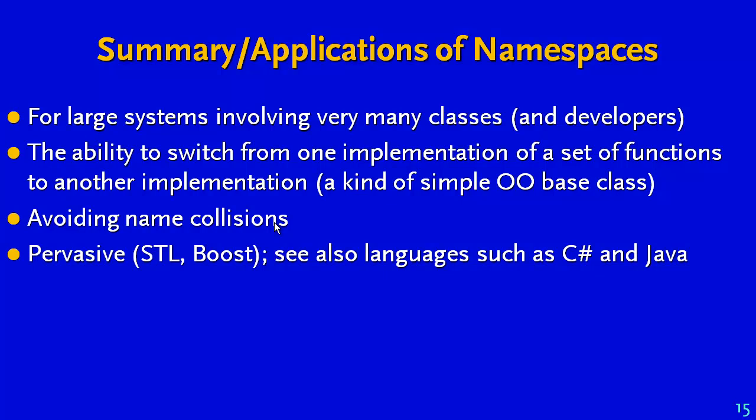So, large systems with very many classes, of course, and many developers as well. We want to be able to define a namespace to structure our life. Namespaces can also be nested. You can have sub namespaces, and there are 3 different ways to use a namespace, which we've talked about.